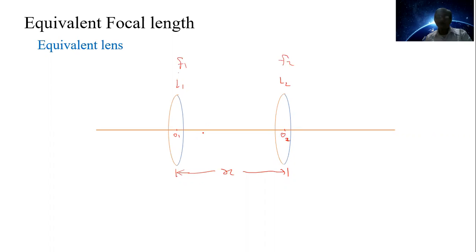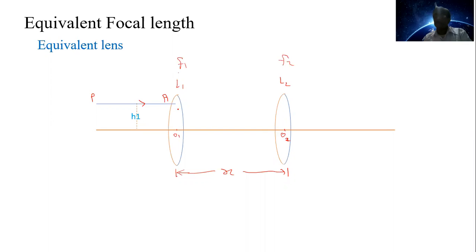Now consider the light ray is incident. Light ray we can designate as PA. PA is the light ray parallel to the axis incident on the lens at a height h1. It is incident at a height h1 on the lens L1.